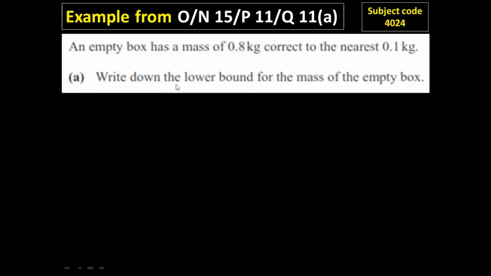This is not the indirect approach, because you are going to find lower bound. This is the direct approach, which I discussed in lesson number 1, because you are going to write down the lower bound for the mass of the empty box. The mass of the empty box is 0.8 kilogram, correct to the nearest 0.1 kilogram.